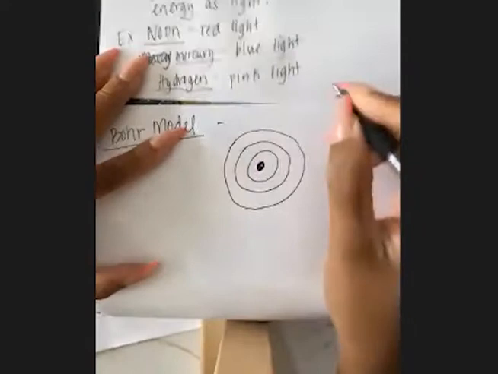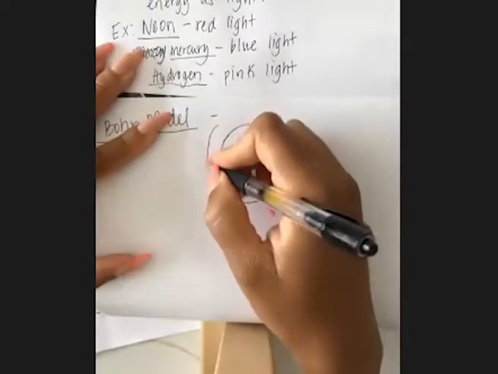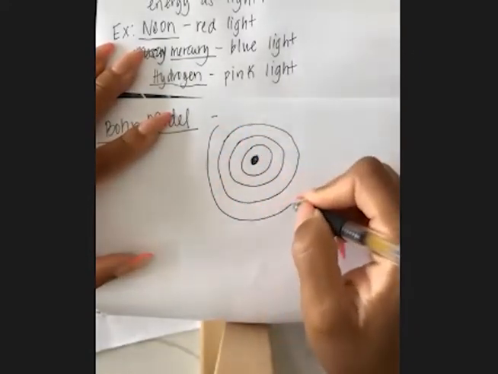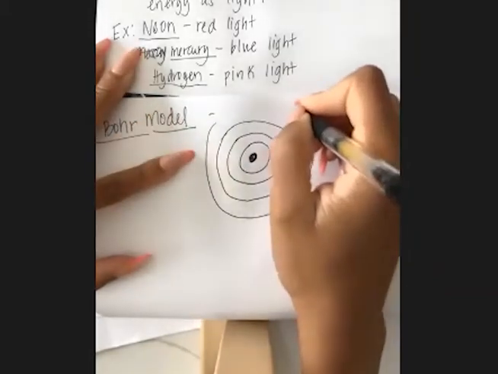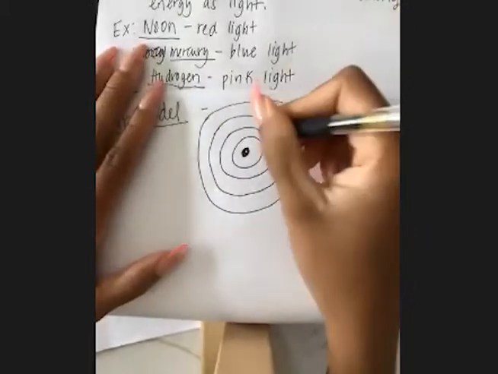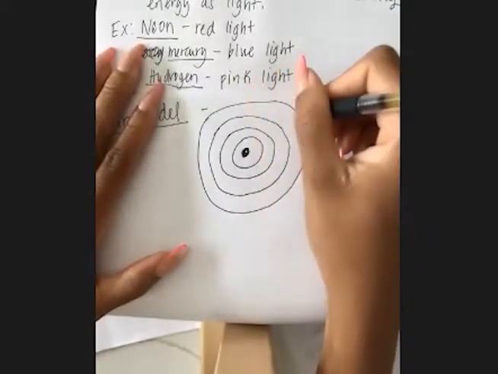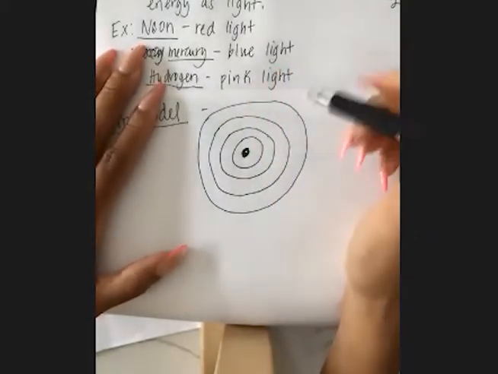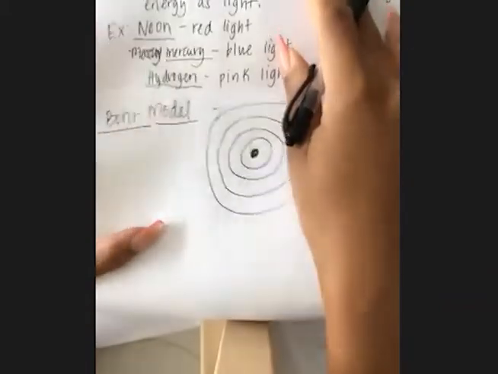Think of our solar system, where the sun is in the middle and the planets orbit the sun. We could say this is Mercury, Venus, Earth, Mars, and so on. So this is how Bohr explained what was happening in the atom.